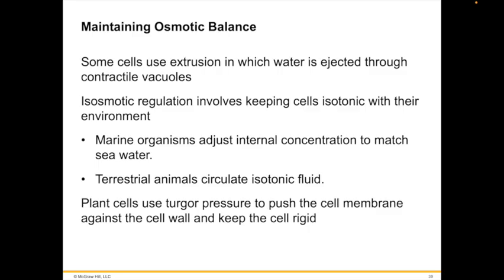Organisms have developed many strategies for solving the dilemma posed by being hypertonic to the environment and therefore having a steady influx of water by osmosis. Extrusion. Single-cell eukaryotes such as the protist Paramecium use organelles called contractile vacuoles to remove water.